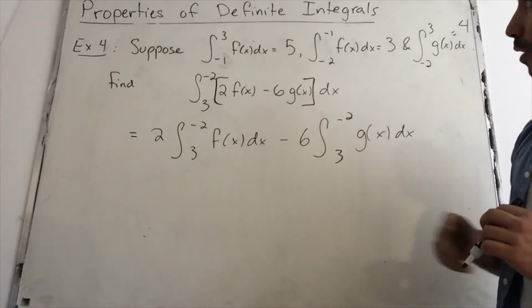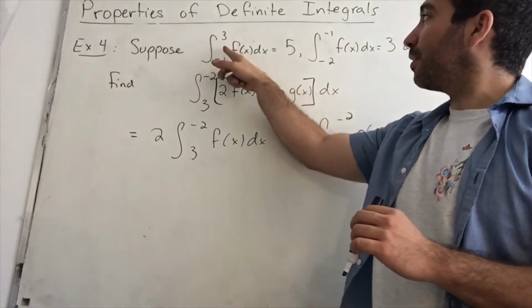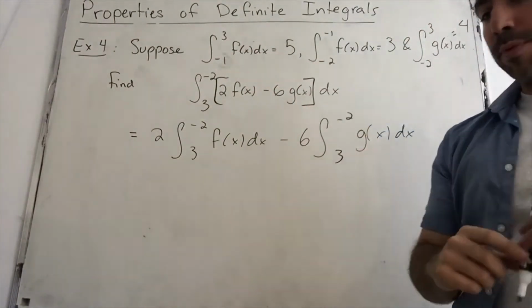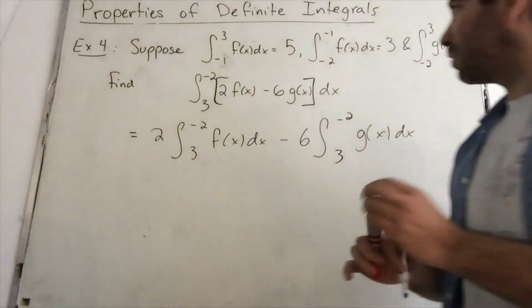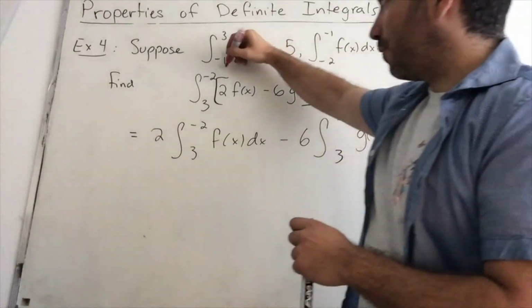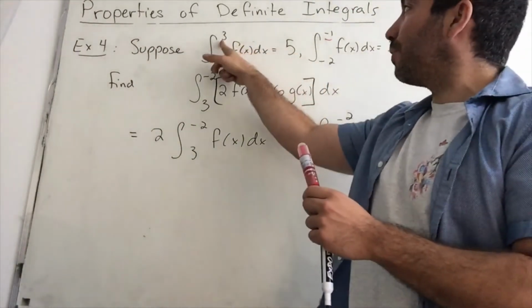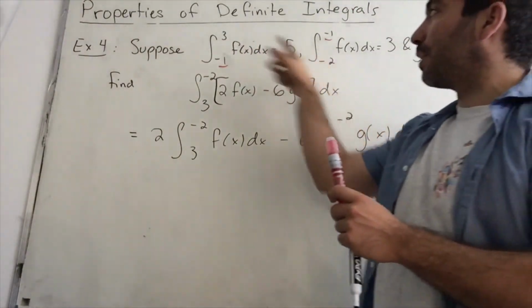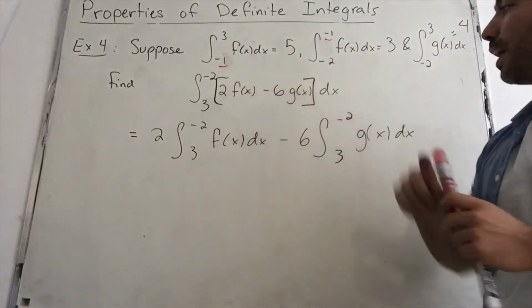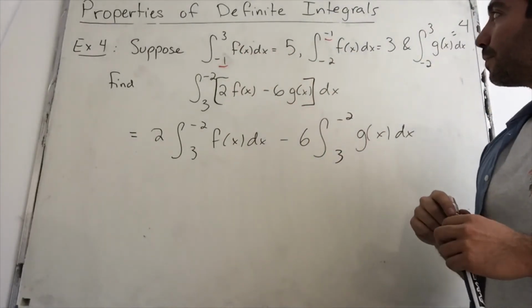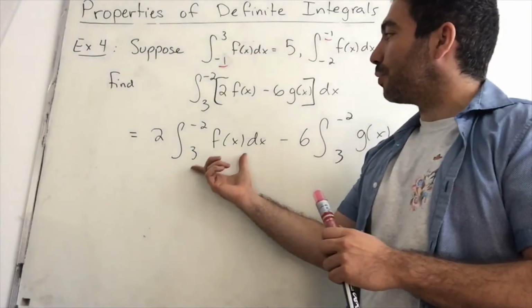So what we could catch is that here, since the upper bound and the lower bound match, from negative 1 to negative 1, we know the answer from negative 2 to 3 of f of x, taking the integral from negative 2 to 3 of f of x, is equal to 8. Okay, so let's go ahead and separate this.